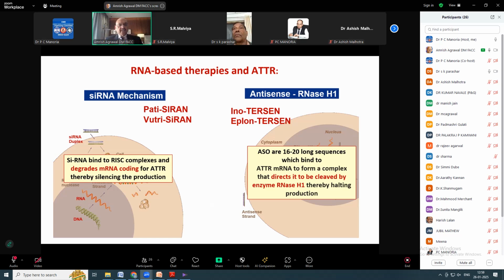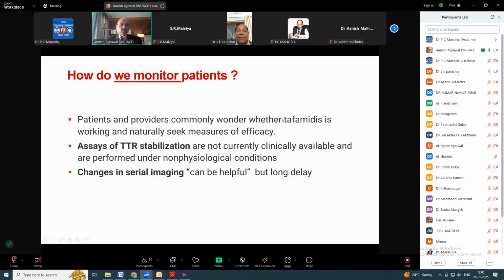So both mechanisms, in different ways, destroy the messenger RNA which encodes for the ATTR protein, and thereby silence the production. And these trials are underway, and eplontersen is available in the UAE, licensed for peripheral neuropathy. But they have also tried it for cardiac amyloidosis and found it to be very, very effective. It has to be given as a monthly subcutaneous injection.